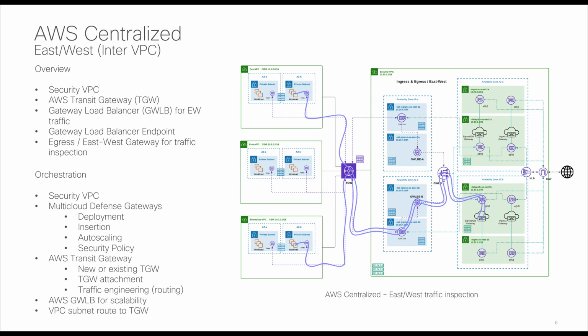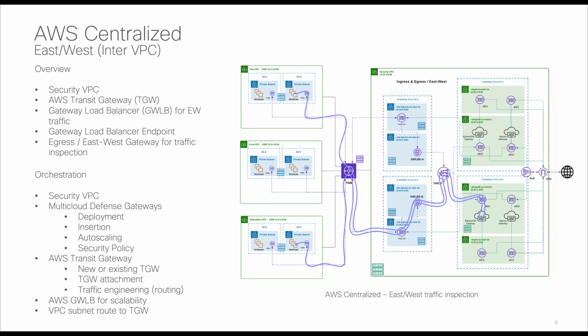So egress gateway is used for your egress traffic as well as your east-west traffic. Again, the complete automation and orchestration related to security VPC, deployment of your gateways, your transit gateway, your gateway load balancer, and your route tables is done automatically by the Multicloud Defense controller.